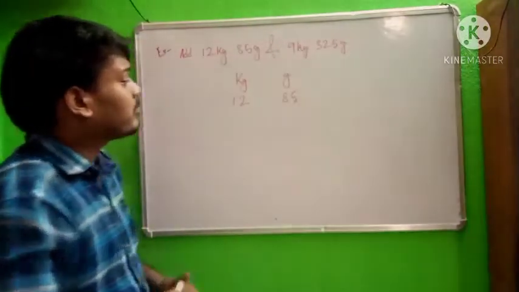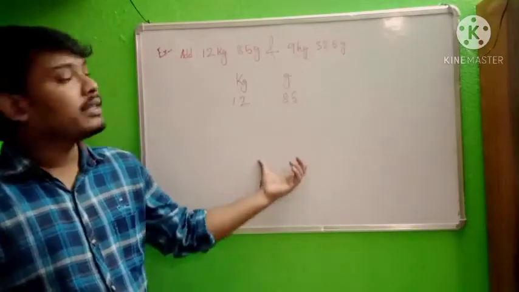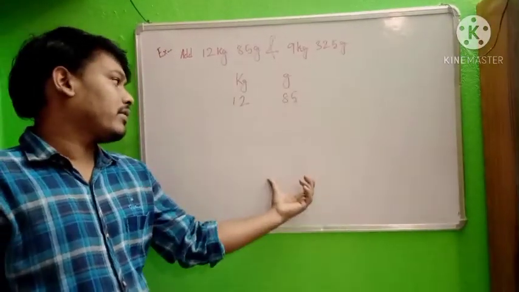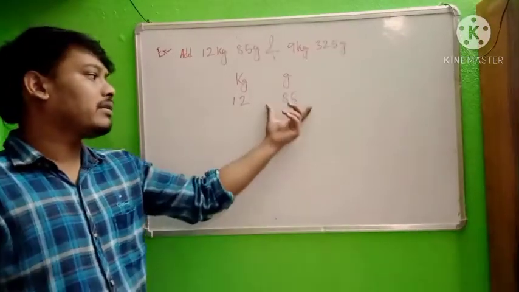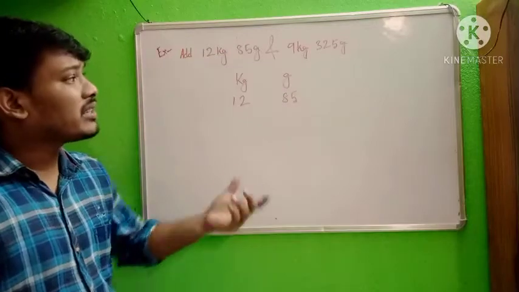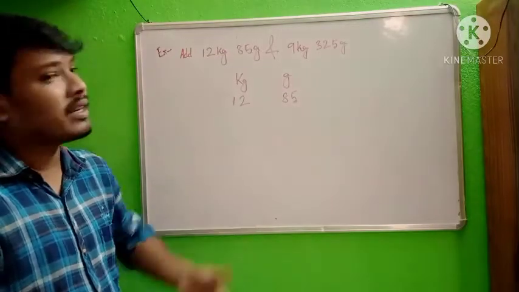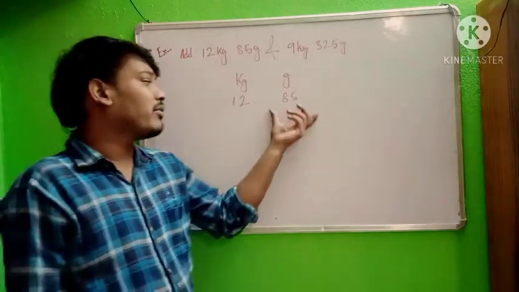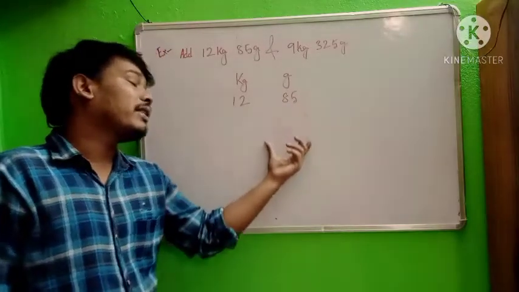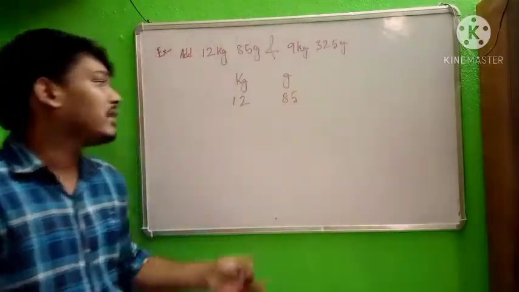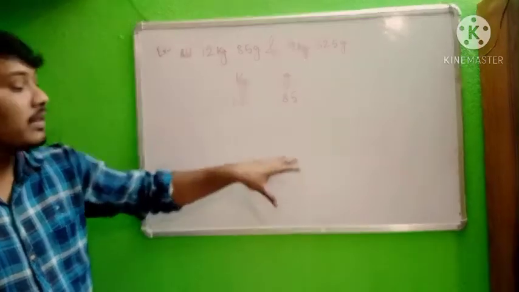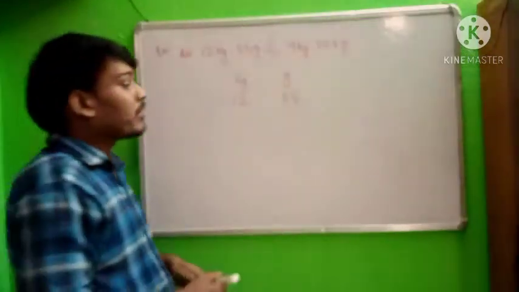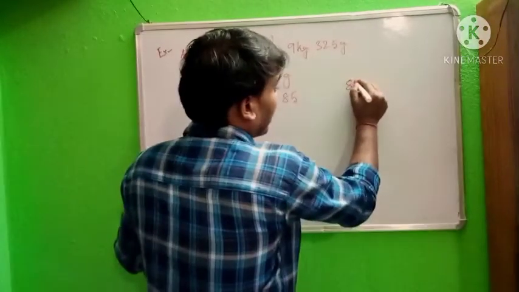Now in the gram column we have to write the value as a 3-digit number, then it is easier. Otherwise you can make mistakes. So it is better to always put the number in the gram column in 3 digits. So 85, how to make it 3-digit?